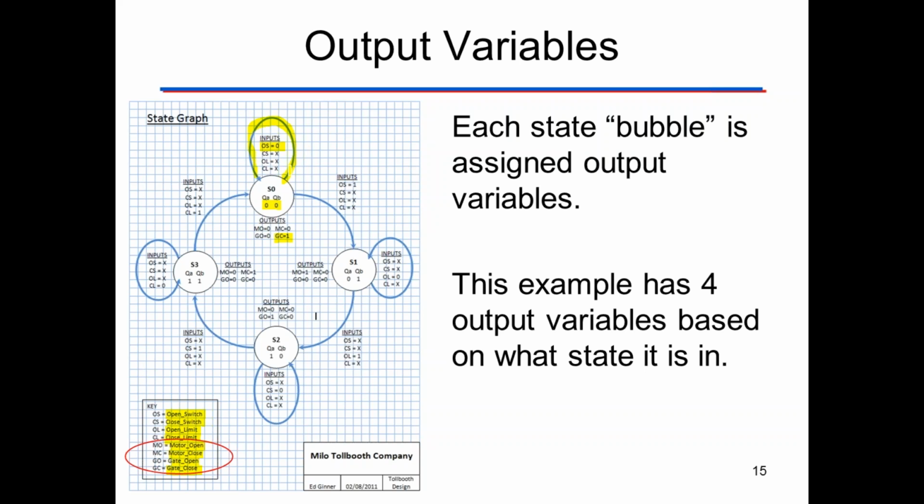If you remember the X's from when we did K-mapping, you're going to see how the X's are going to help us out when we actually write equations from the transition table. So we're sitting here waiting, and what we're waiting for is somebody to push the open switch because the gate is closed right now. When somebody does push the open switch, it goes to a 1.